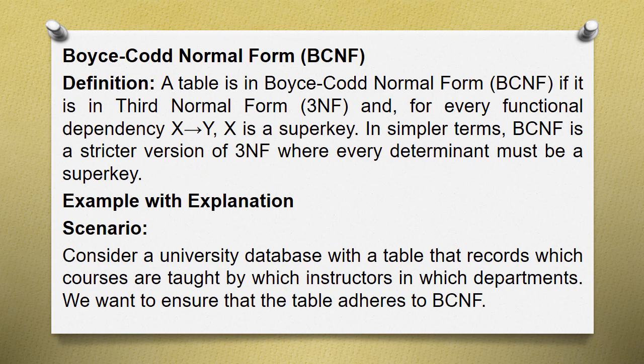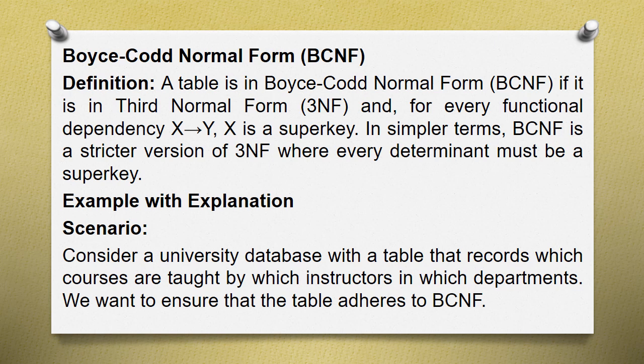Now the last one, that is Boyce Codd normal form. For Boyce Codd normal form, the first condition is the table should be in third normal form. And for every functional dependency, for example, there is an equation X to Y, where X is the determinant and Y is the dependent, right?